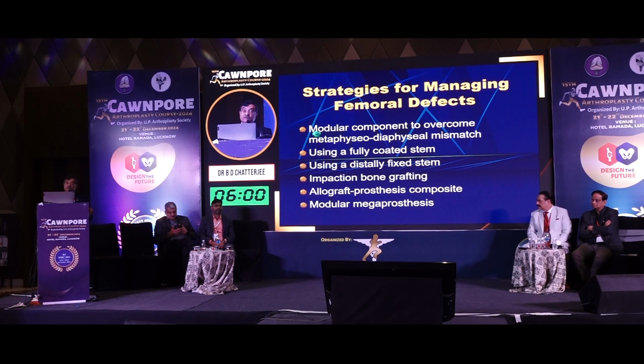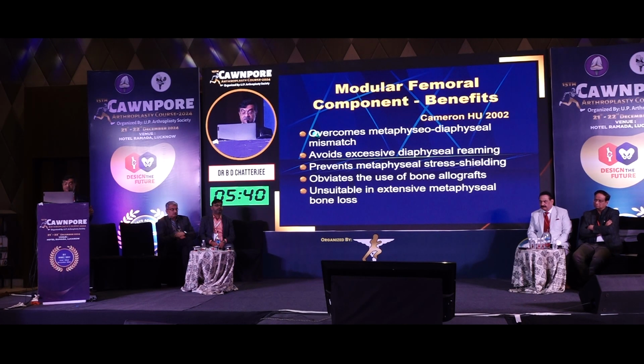Impaction bone grafting used to be very popular, but today I think it is slowly being replaced by different implants. And of course, in absolutely hopeless situations, you can either use an allograft prosthesis composite if you have access to an advanced bone bank, or you can use a modular megaprosthesis.